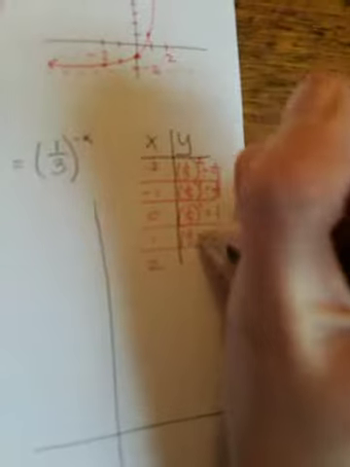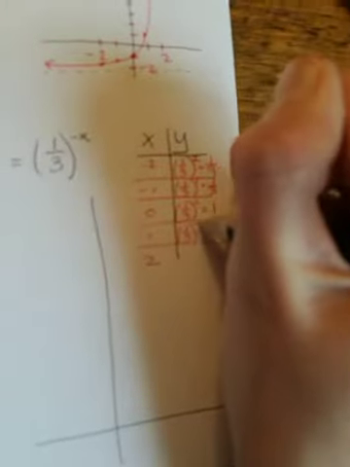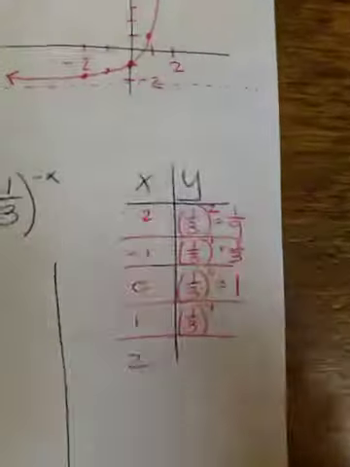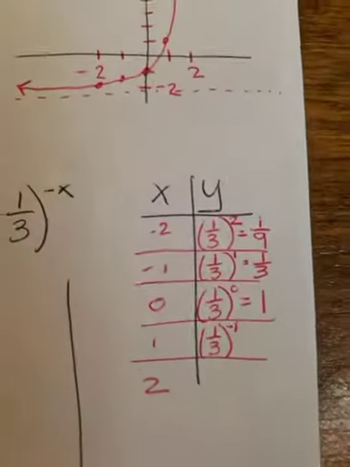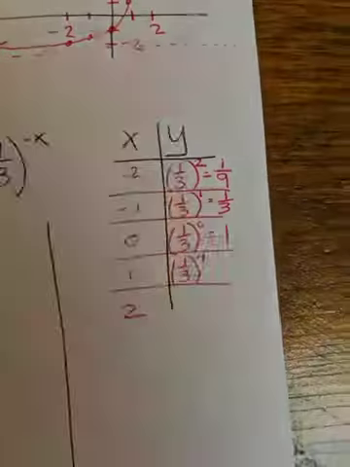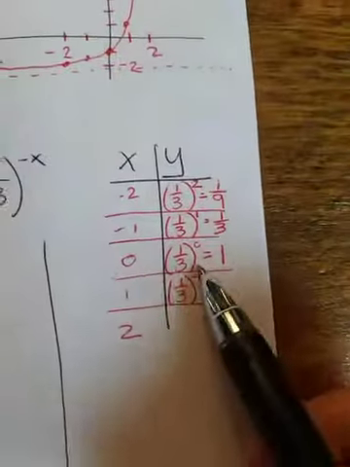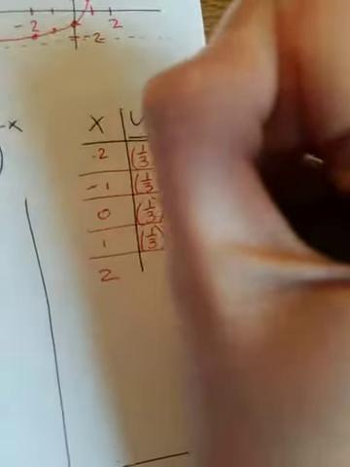This is going to be a little tricky. This is going to be 1/3 to the -1. Now this depends how you did on the negative unit section a couple sections ago. When I have a fraction that's to a negative exponent, that means I flip it. So this becomes 3.